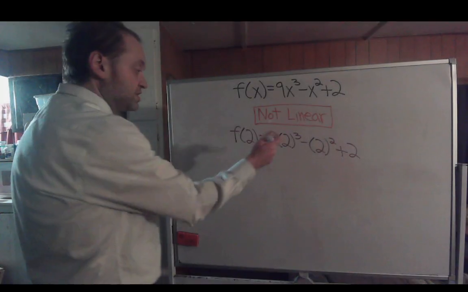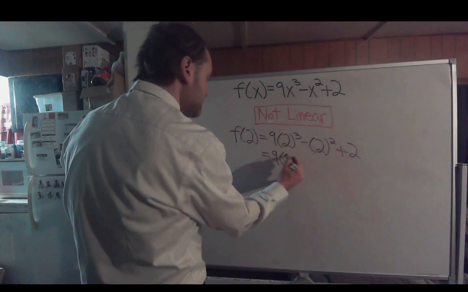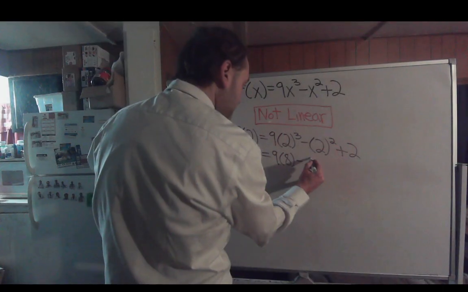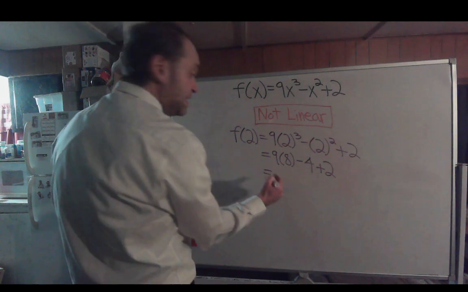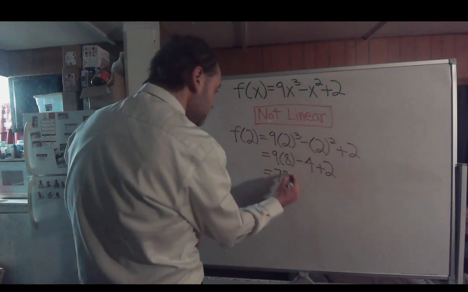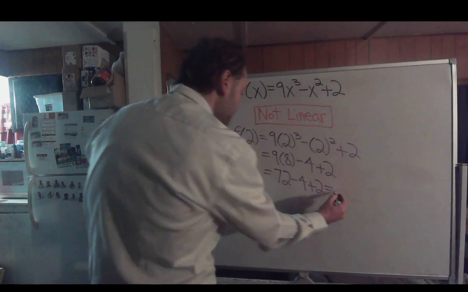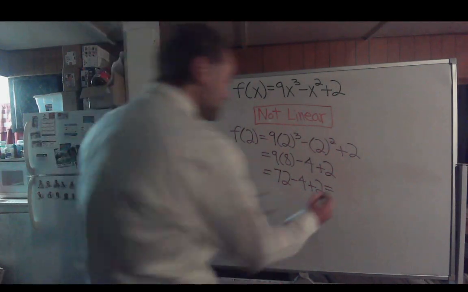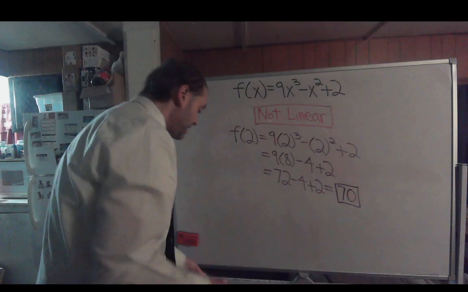Well, do your exponents first. 2 to the third is 8, so this is 9 times 8 minus, what's 2 to the second? That's going to be 4, so minus 4 plus 2. 9 times 8 is 72, minus 4 plus 2, so now just work from left to right. 72 minus 4 is 68, plus 2 is 70. So f of 2 would give you a value of 70.